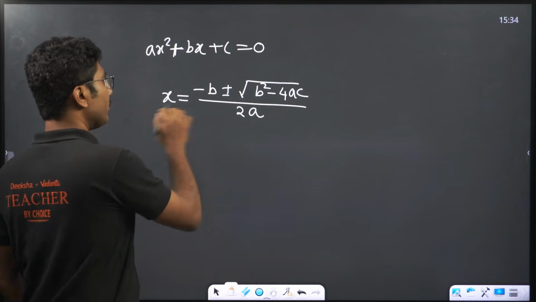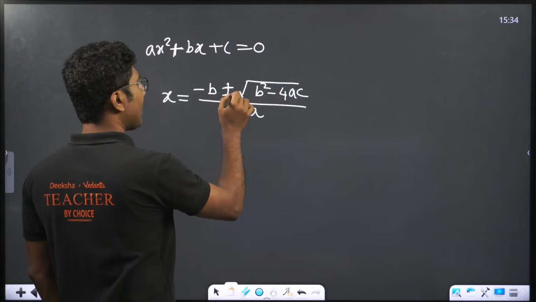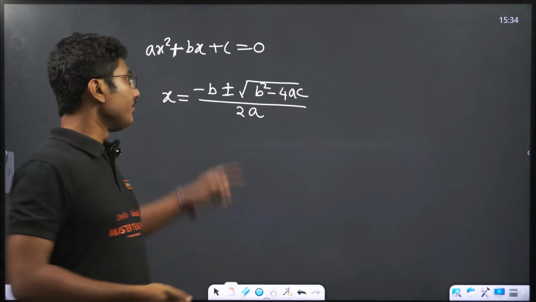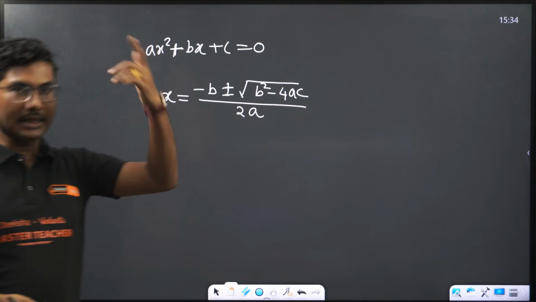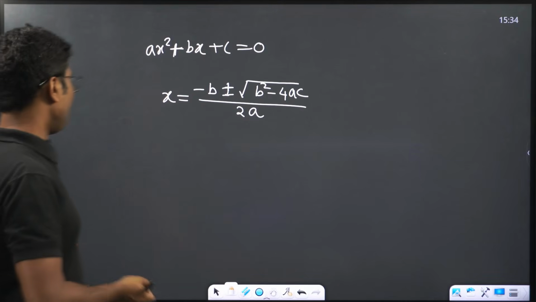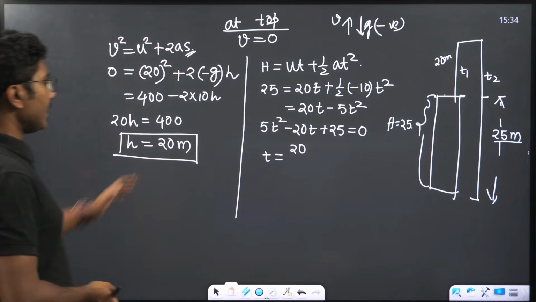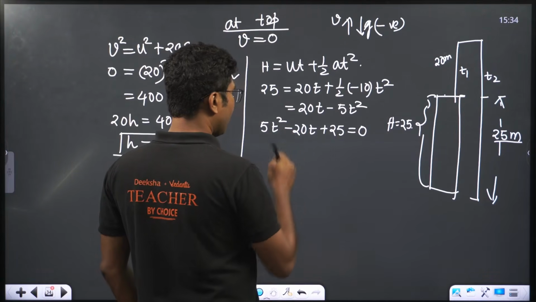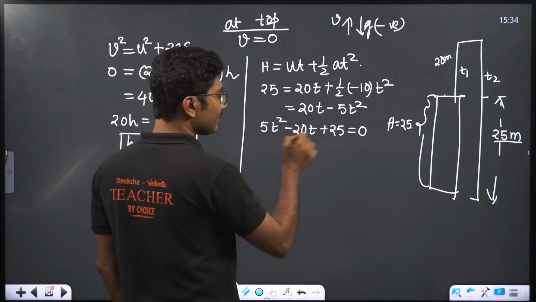These are called the roots. Here is a plus value, here is a minus value. If you use the plus value, you will get one root. If you use the minus value, you will get the second root. Here also you have to use this. Instead of minus b, minus 20 is given.